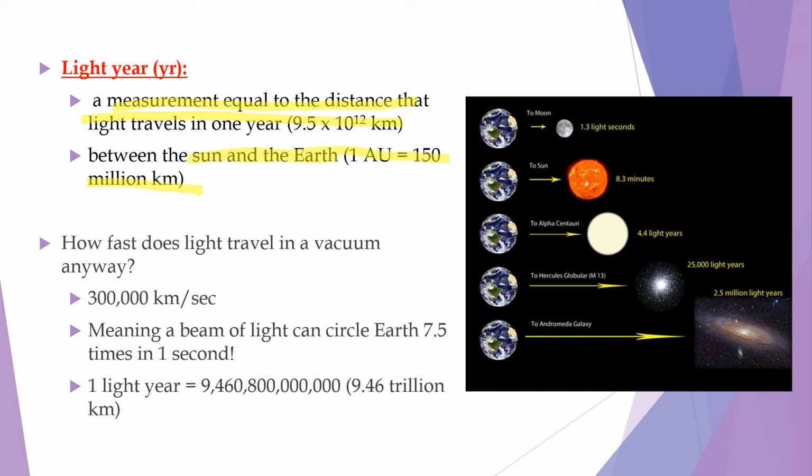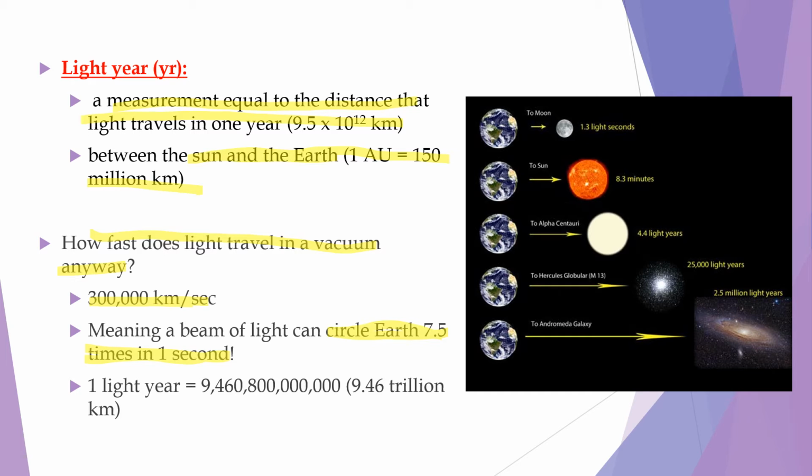Okay, so down here it says, how fast does light travel in a vacuum anyways? So light can travel 300,000 kilometers per second, meaning a beam of light can circle Earth 7.5 times in 1 second. Okay, so the reason being is the approximate circumference of the Earth is about 40,000 kilometers.